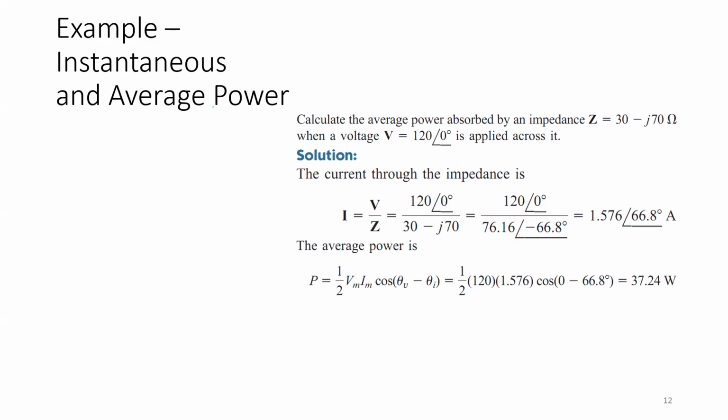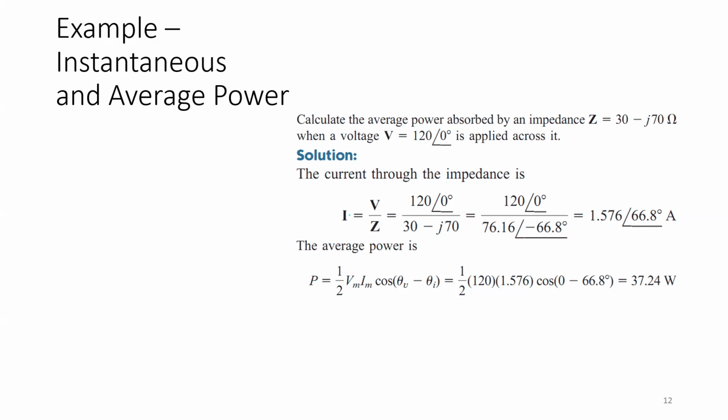Looking into another example: calculate the average power absorbed by an impedance Z equal to 30 minus j70 when a voltage V equal to 120 angle 0 is applied across it. So this is the impedance, and this is the voltage in phasor form. We need to calculate the average power absorbed by the impedance.